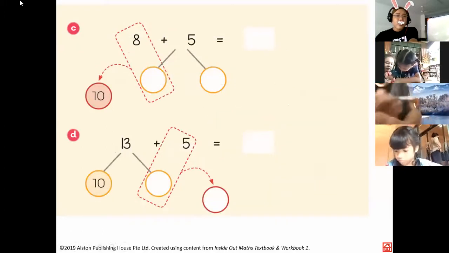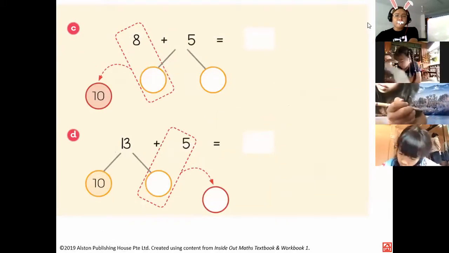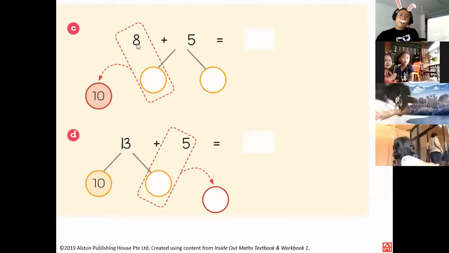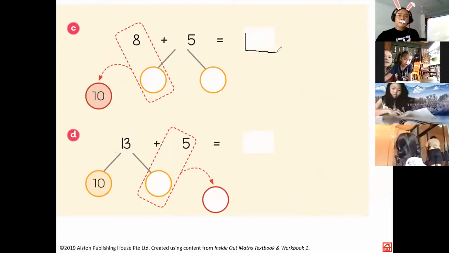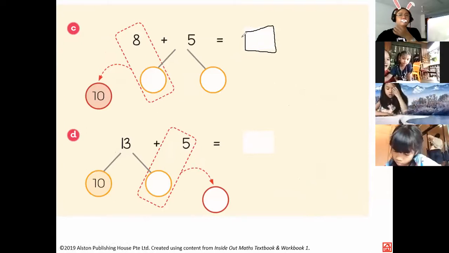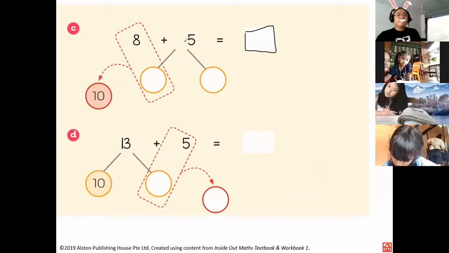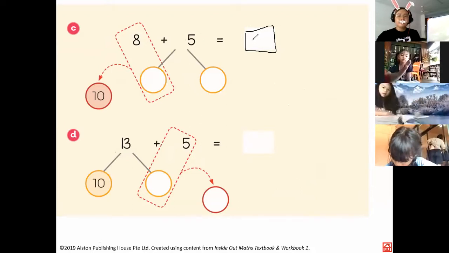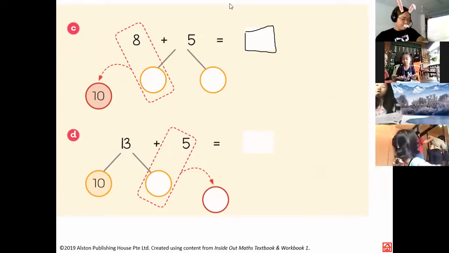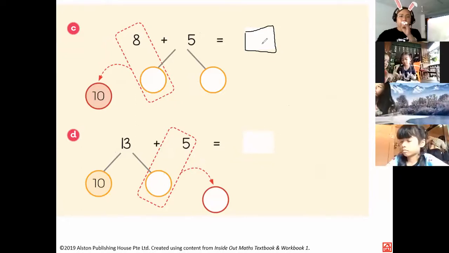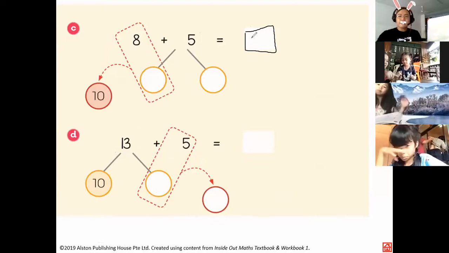Okay, next. What about this one? Letter C. So we have 8 plus 5. 8 plus 5 is equals to 13.